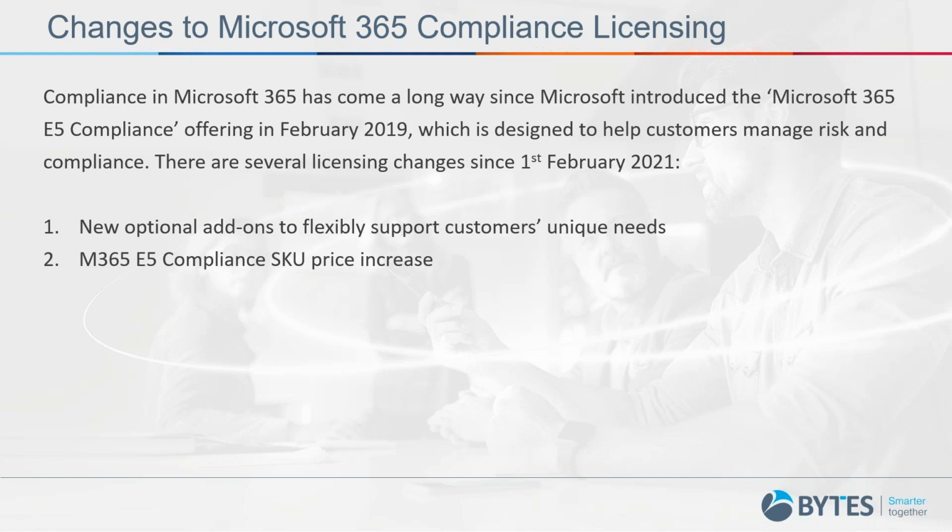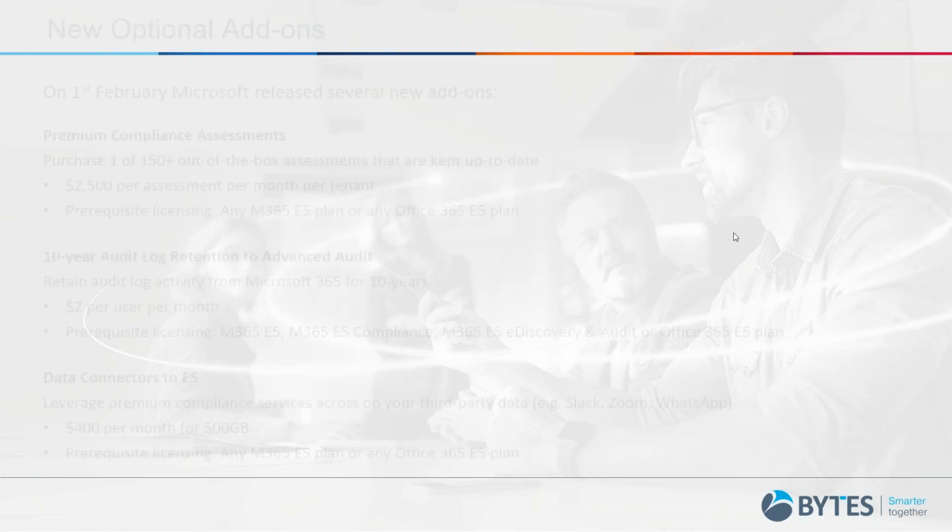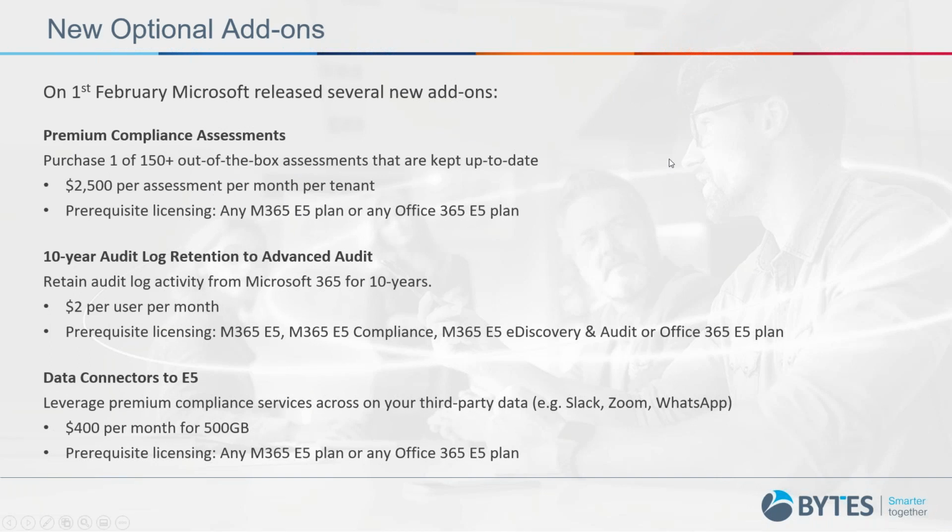But we also see some optional add-ons available to support customers' unique needs. So often customers will have complex requirements and will want flexibility in purchasing features based on what they need to consume. So on the next slide, you'll see Microsoft has released some new add-ons to help customers do just that.